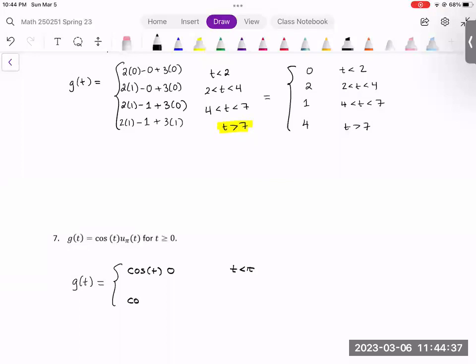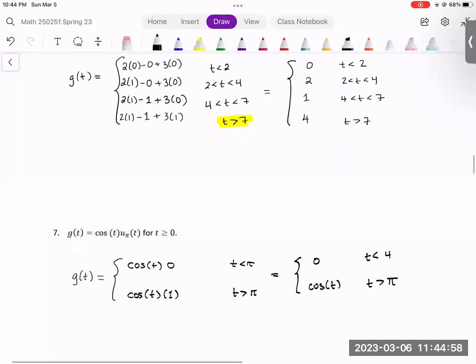And we're going to be equal to cosine of t times 1 when t is greater than pi. And so this is equal to 0 when t is less than pi, and cosine of t when t is bigger than pi. Great.